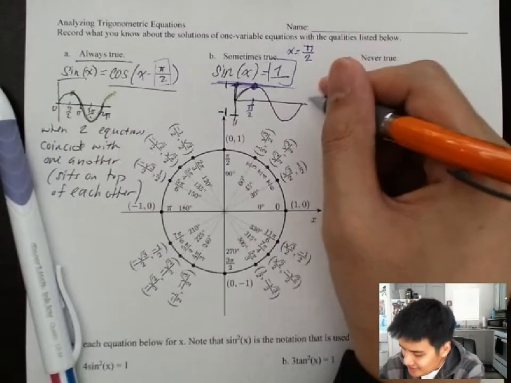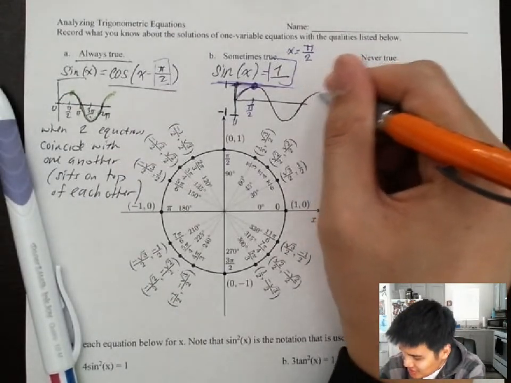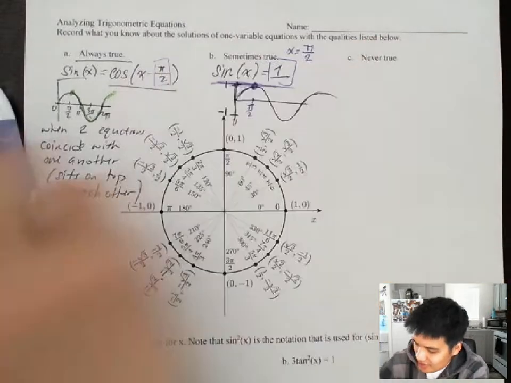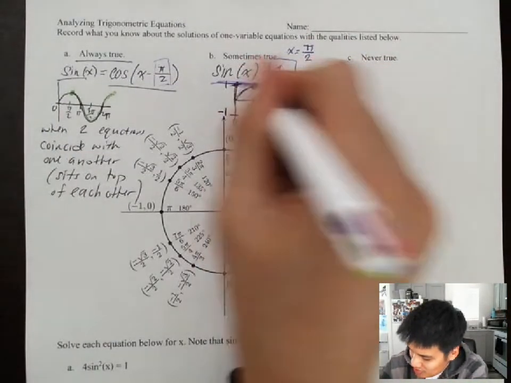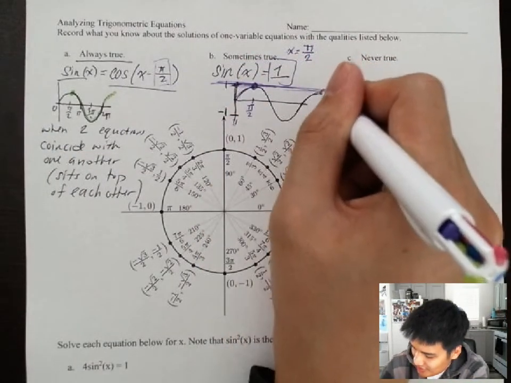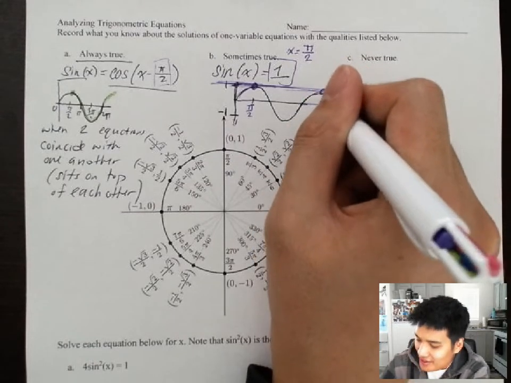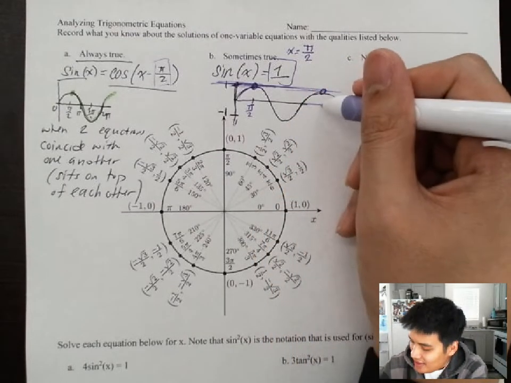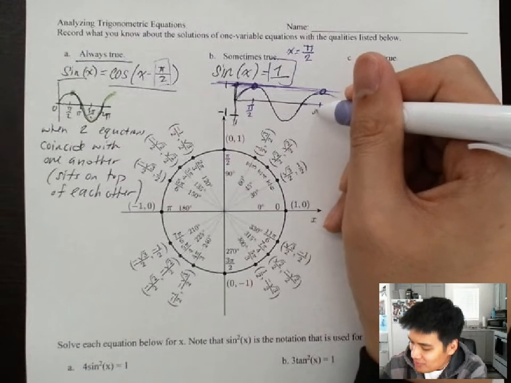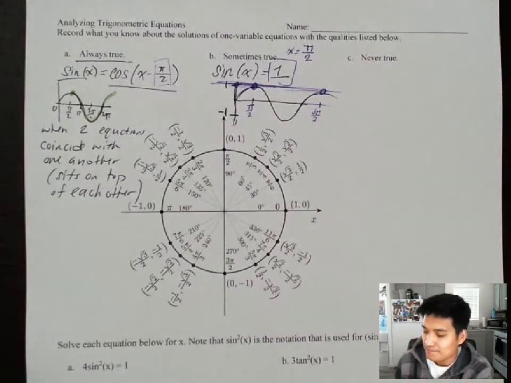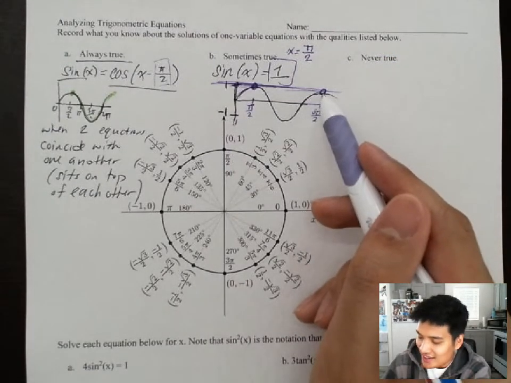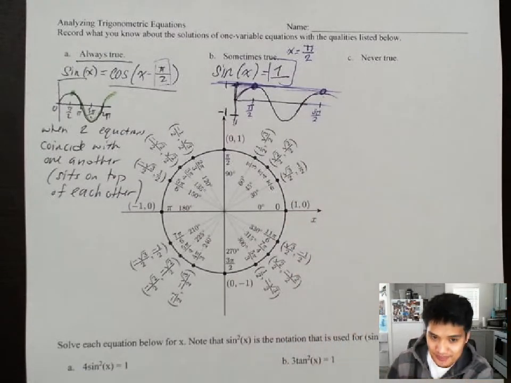But if you take a look, if I were to continue this further, and if I were to draw a longer straight line here, as you can see, I'm going to have another solution here. This solution in particular is 5 pi over 2. Okay, where in this case, it actually repeats itself.